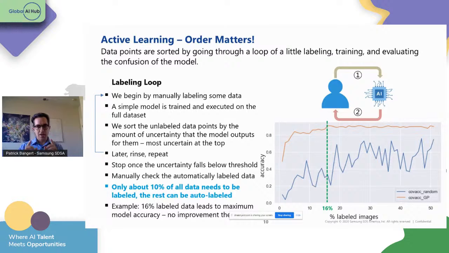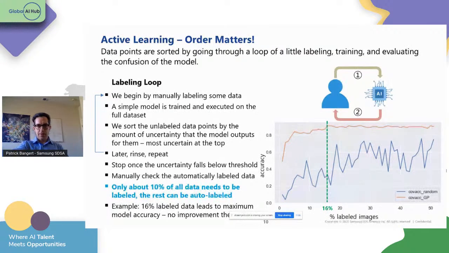I take the top 1% of the confused outcomes, and I label them next, and I train the model a second time. I apply that now to the 98% remaining data.